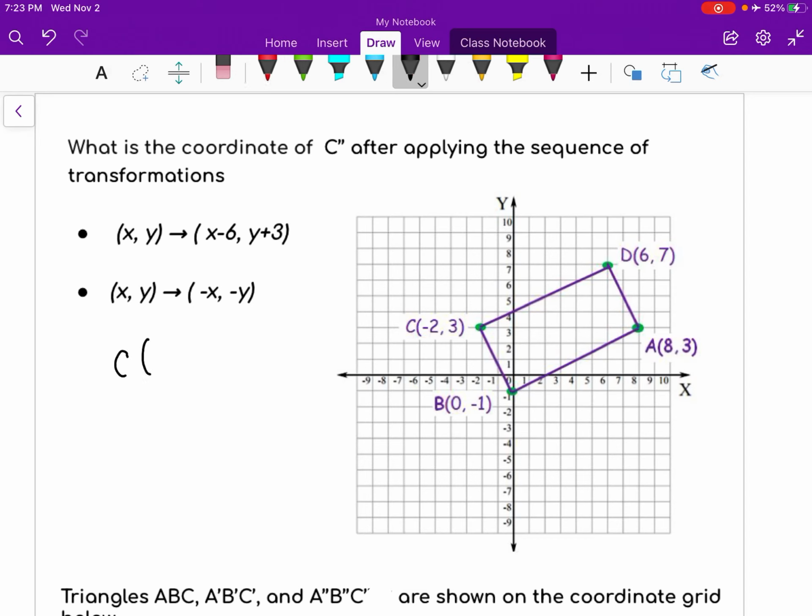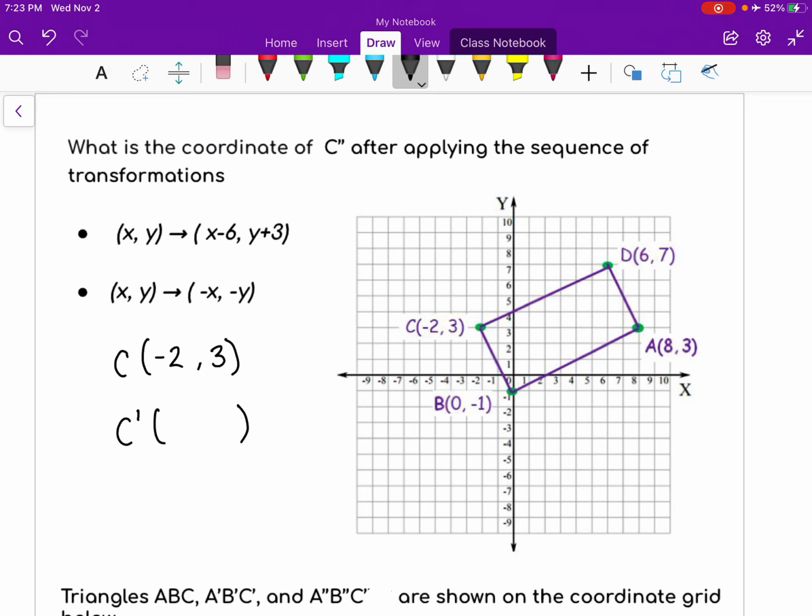So let's rewrite that down here. We're going to apply this first transformation to point C in order to get C prime. Then we're going to use C prime and apply the second transformation. So let's do that now.